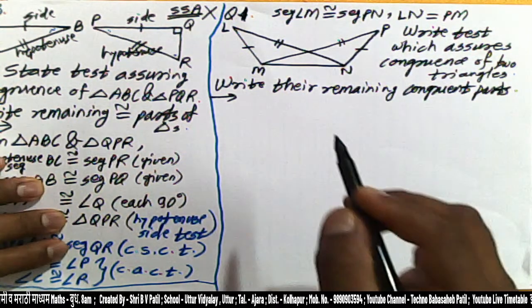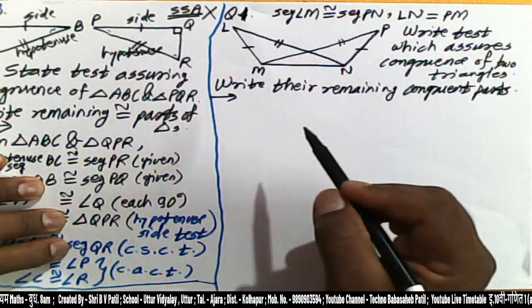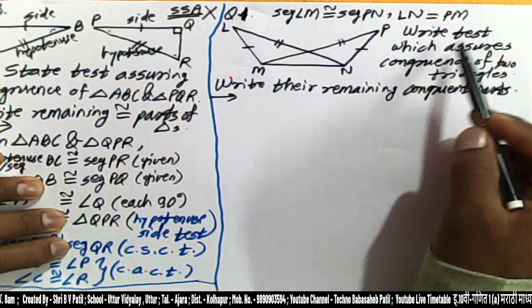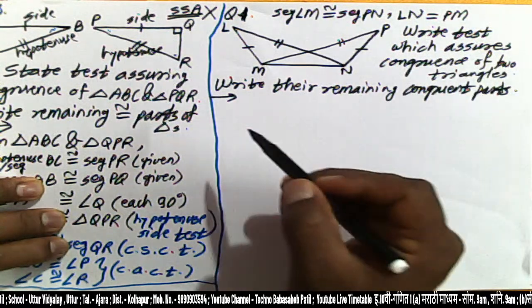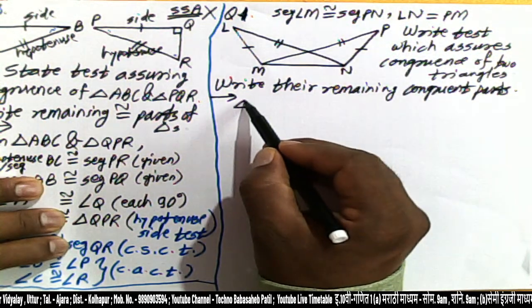Write the test which assures congruence of two triangles, means we show here two triangles are congruent.